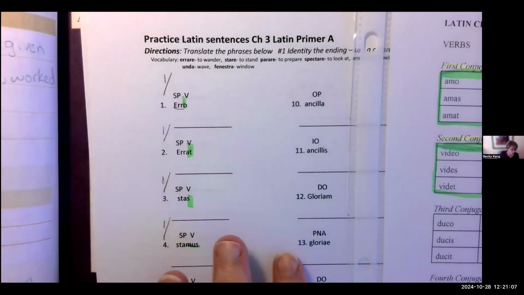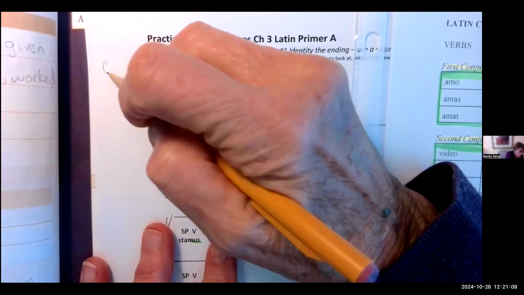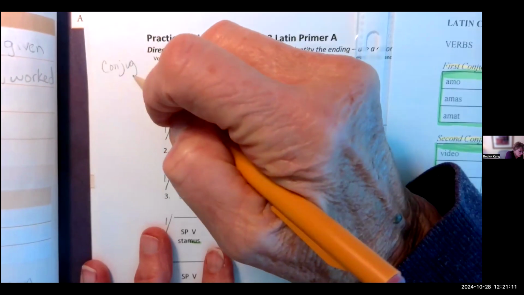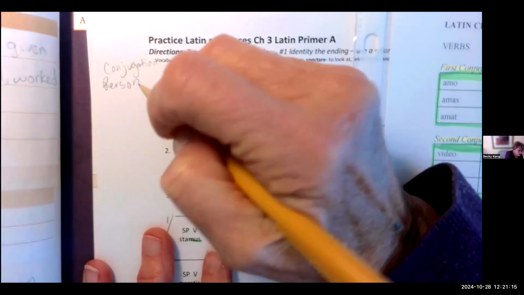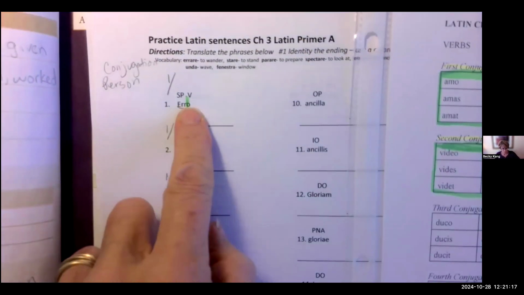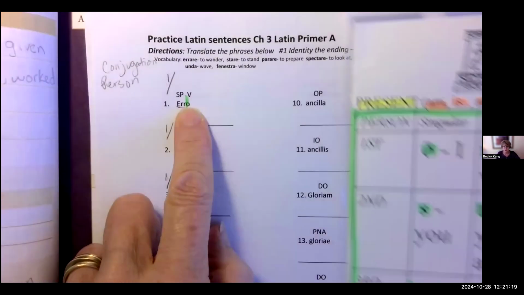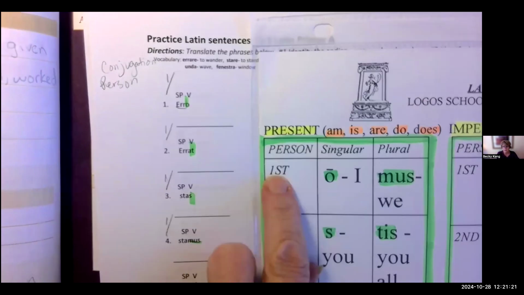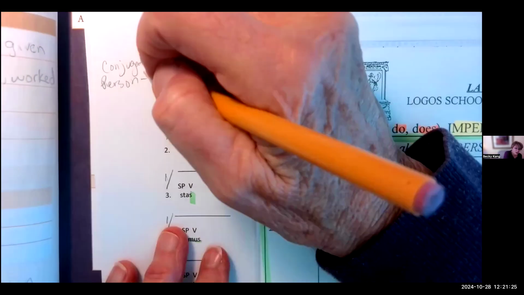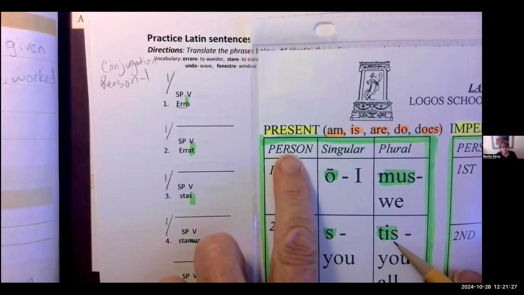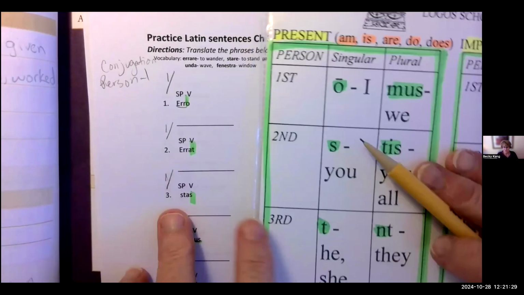The second question after conjugation is person. What person is O? Well, let's look on our sheet. What person is O? First. Okay, you're going to put a one. All right. What person is T? All right, let's check.